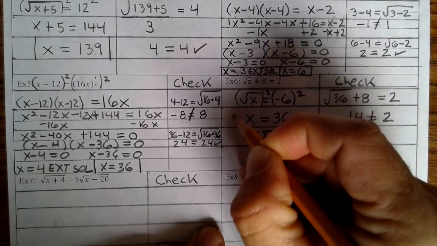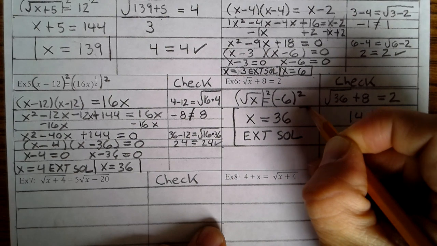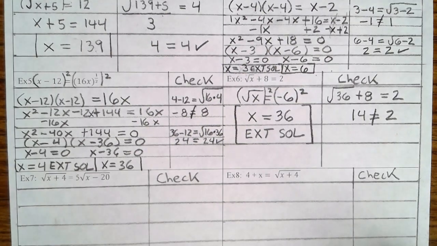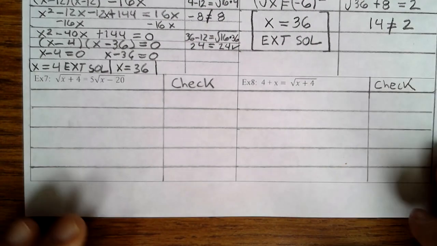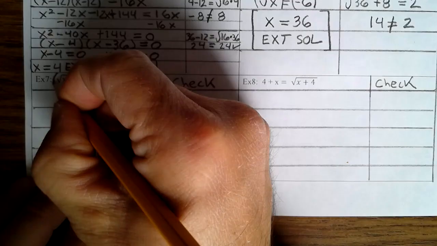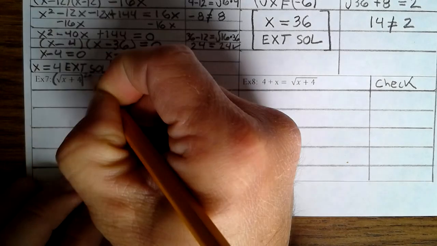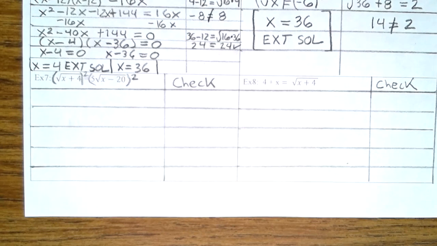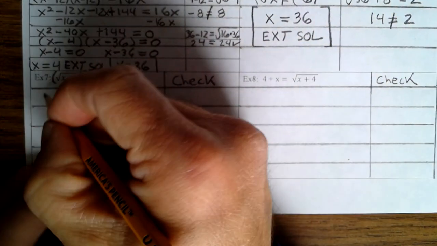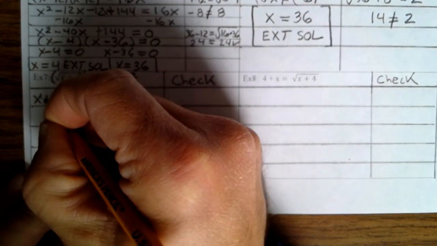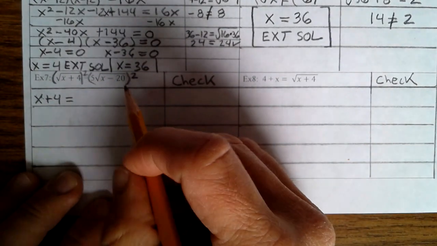Okay. Now we're going to square both sides. So that's x plus 4 equals 5 times (x minus 20) to the 1/2, times 5 times (x minus 20) to the 1/2.